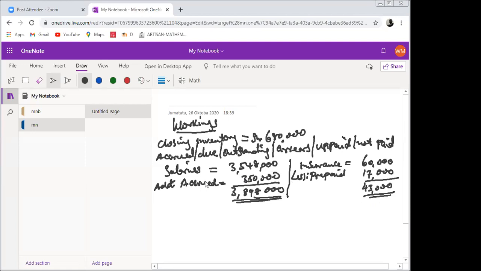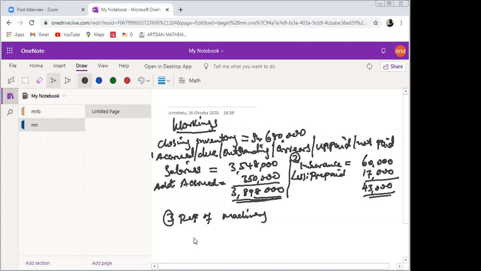So accrued, we normally add what was not paid, but it is for this year. Prepaid, we less because it was paid this year, but it is going to be used next year. It is an excess amount. Then this was number 1, this is number 2, the insurance. We can go to number 3, which is depreciation of machinery.